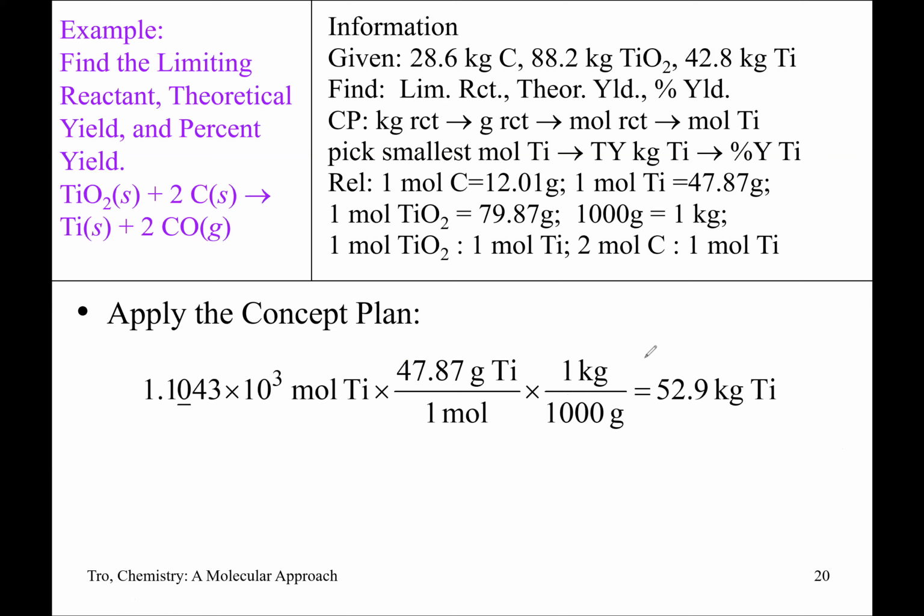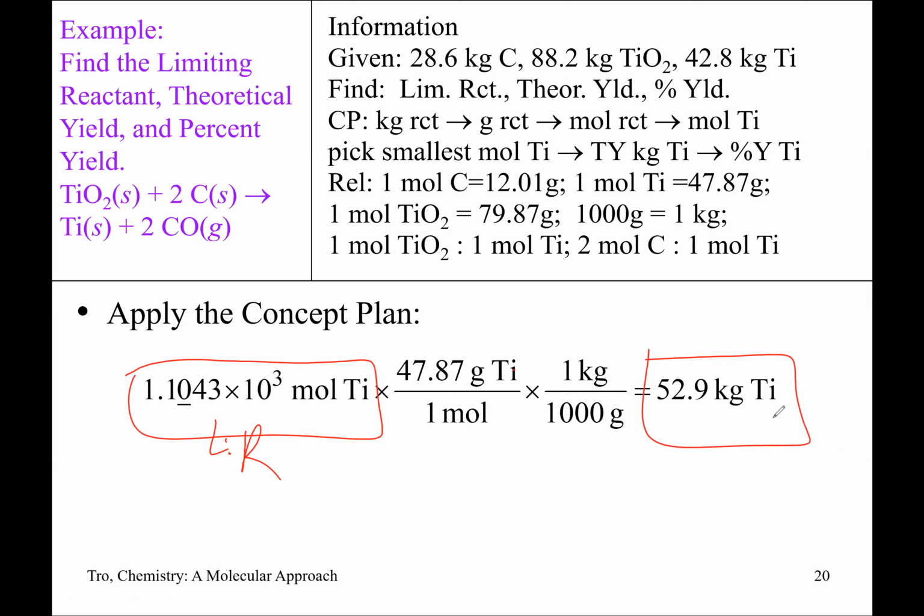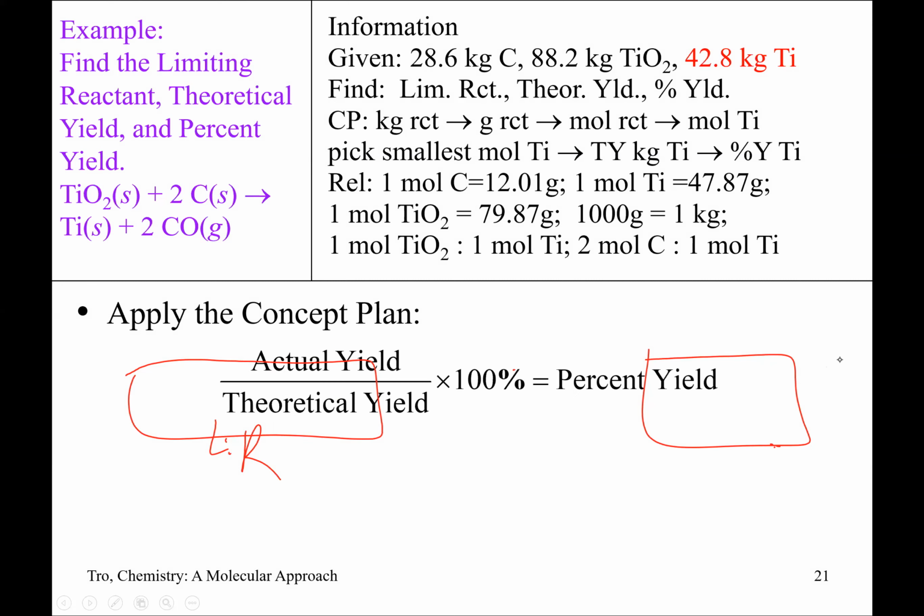So when you do the calculation based on consuming all of the limiting reactant and convert it to the product, you get the amount of the product produced based on the limiting reactant, and that is called the theoretical value.